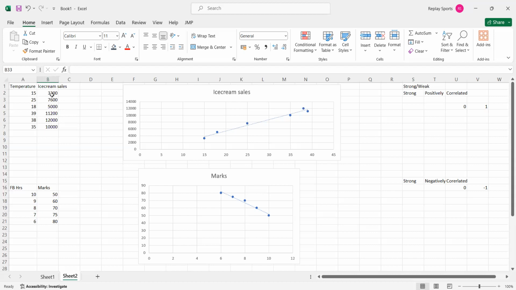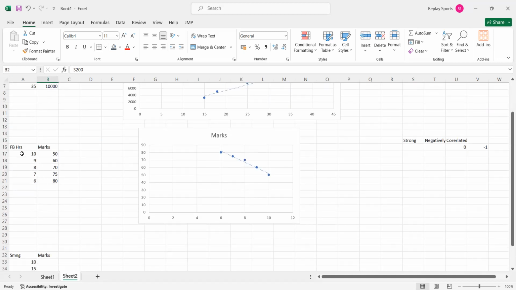This guy will say 4,000, this guy will say 3,000, so you'll have 10 different people reporting sales on each day. Now you go to weather.com and see the temperature for that day. So the temperature for that day was 15 degrees and the average of 10 ice cream shop sales was 3,200.